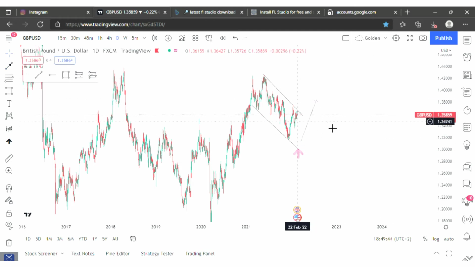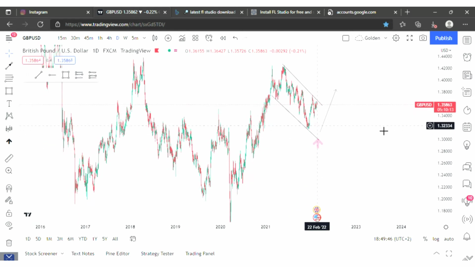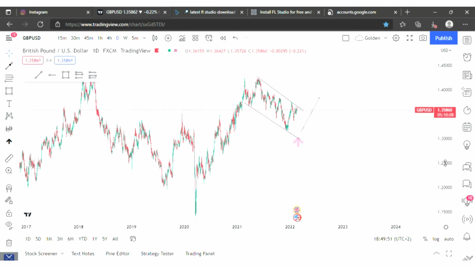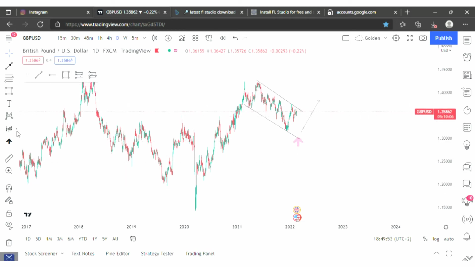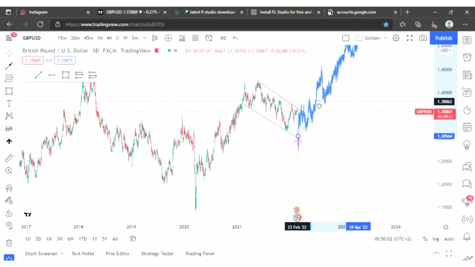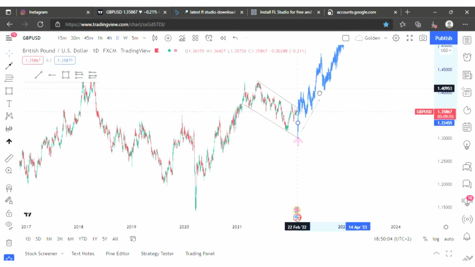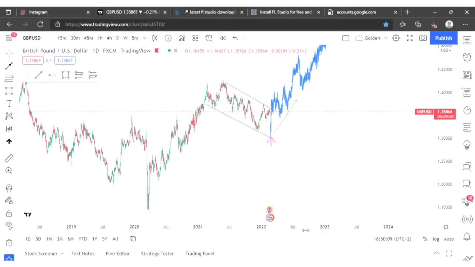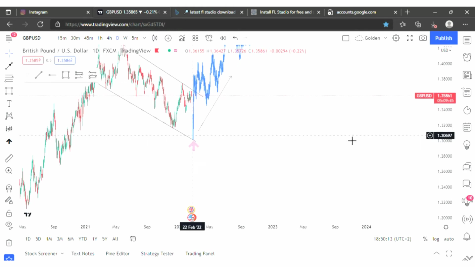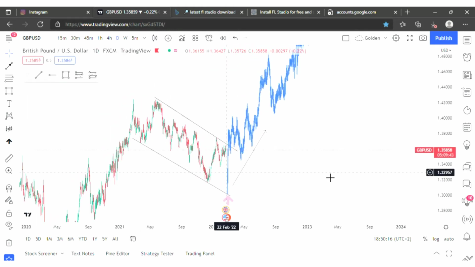If I can take this market movement right here and connect it with these levels right here, you'll see that the market will just move exactly the same way it did previously, because the market does repeat itself over and over again.